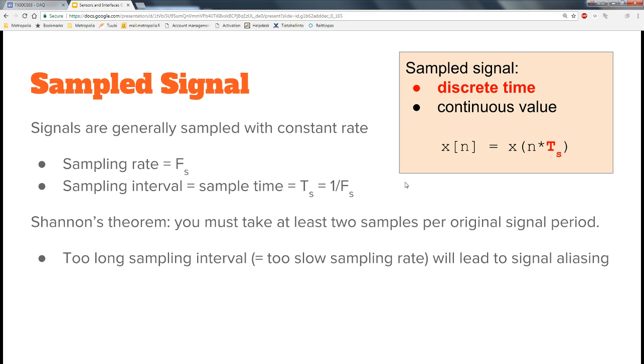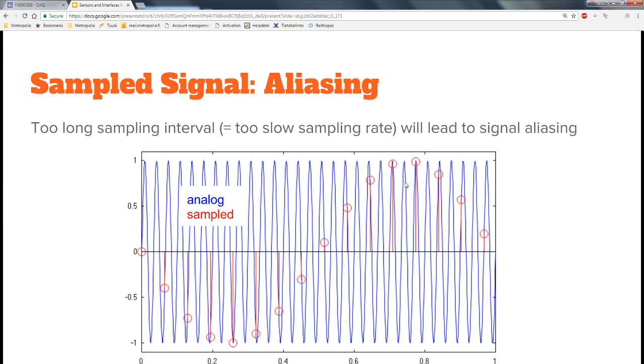Okay. And if we have too long a sampling interval, meaning too slow a sampling rate, this will lead to aliasing, and there's supposed to be a picture of it. The blue line there is the analog, and then these red circles are actually the sample points at those discrete sampling times.